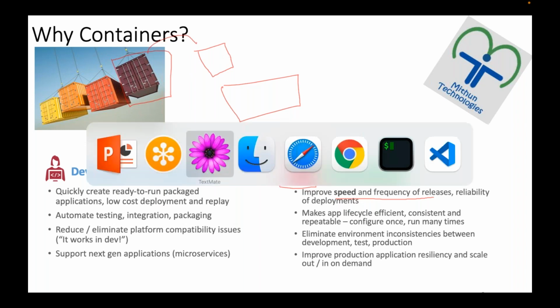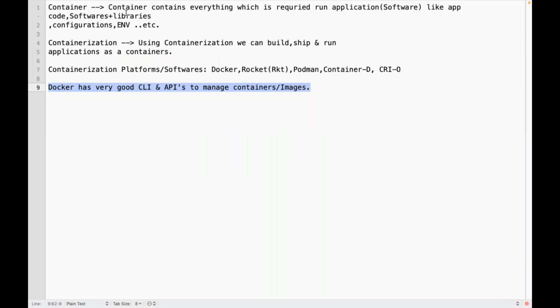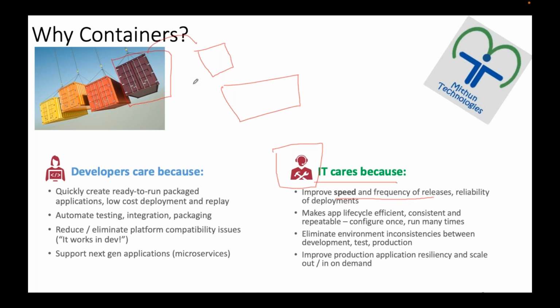Container contains everything which is required to run your application: application code, software, libraries, all those things. So I need not manually install anything except Docker. With that, will I be able to improve the speed and frequency of my deployments if I am using containers?